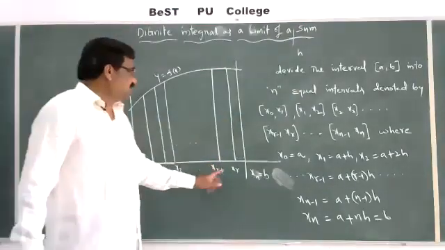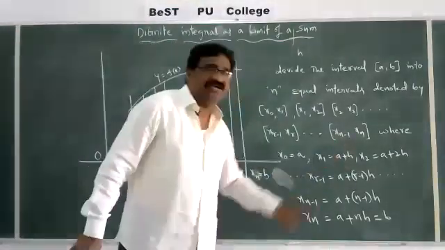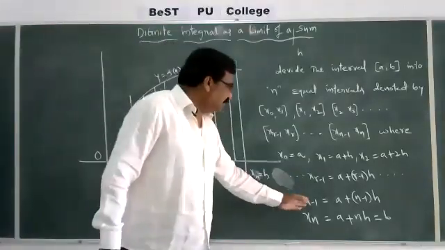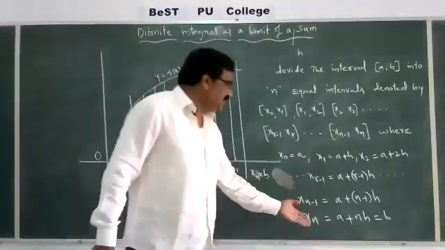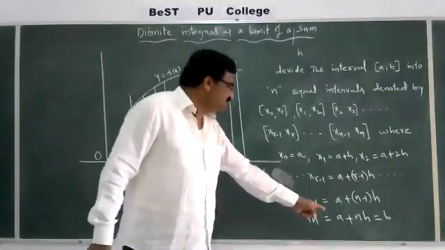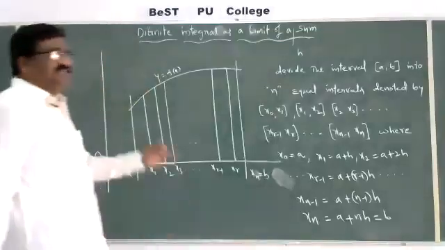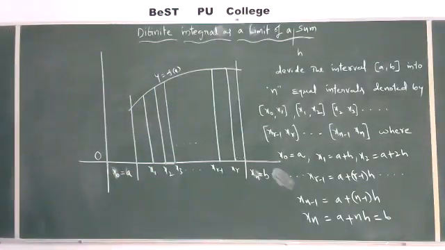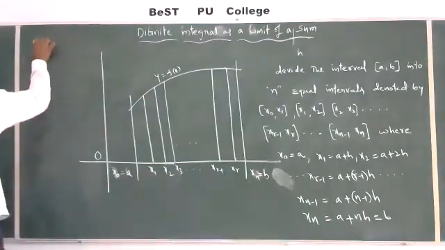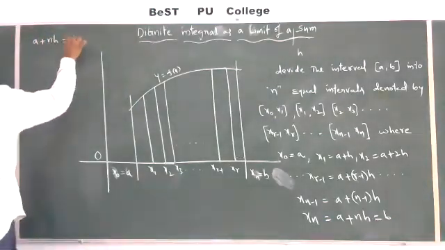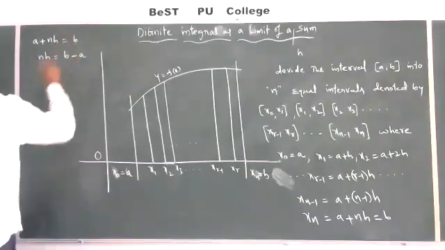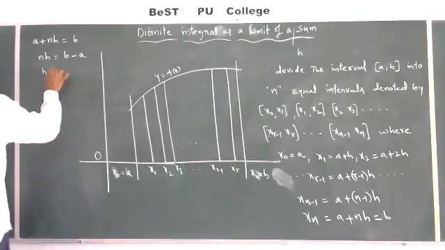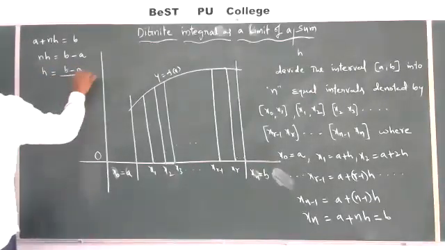Like that, xr minus 1 you get a plus (r minus 1) into h, xn minus 1 you get a plus (n minus 1) into h. xn, the last interval, is a plus nh, that is equal to b. Here you write a plus nh is equal to b, then nh is equal to b minus a. From this, h is equal to (b minus a) by n.